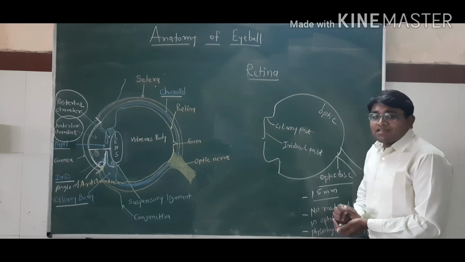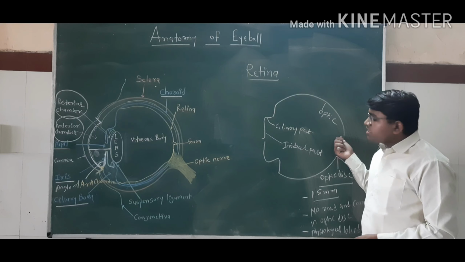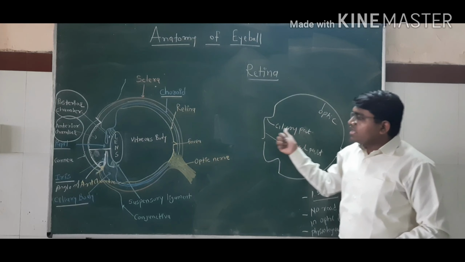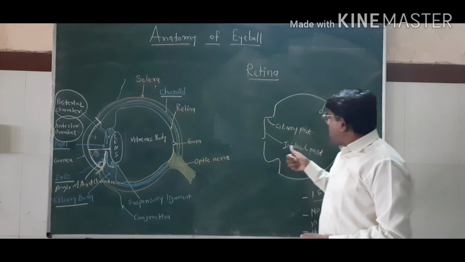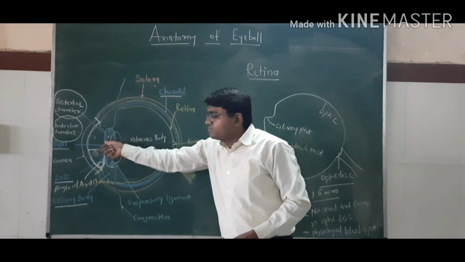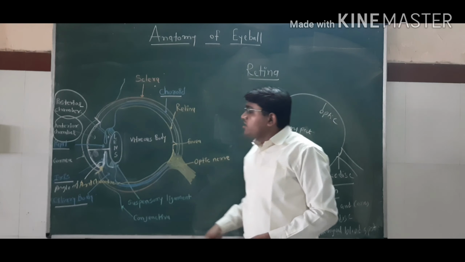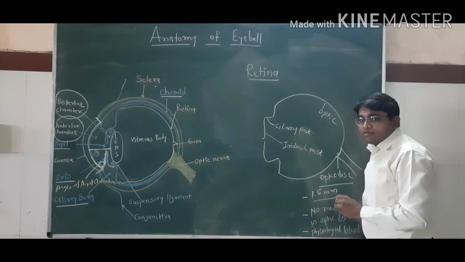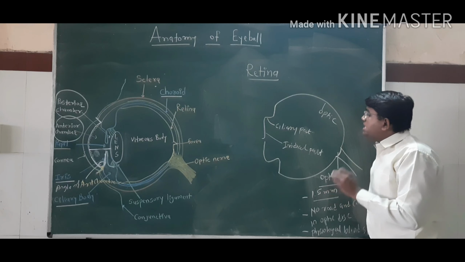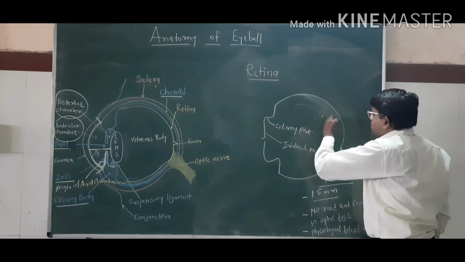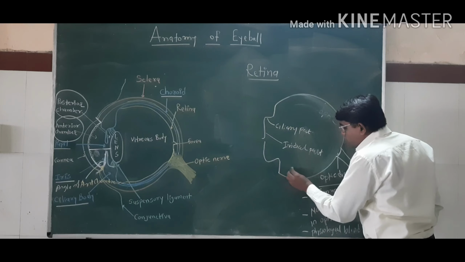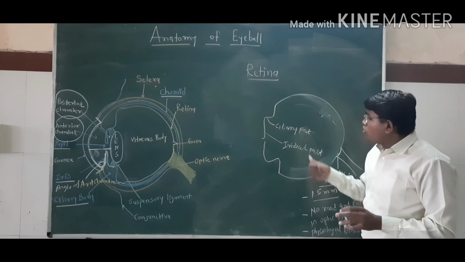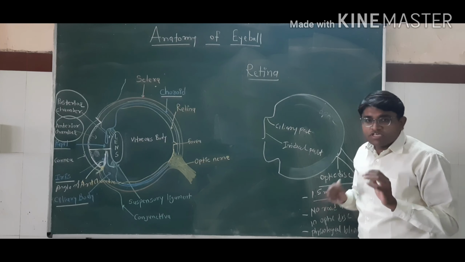So the retina has three different parts: the optic part in relation of the choroid, the ciliary part in relation of the ciliary body, and the iridial part in connection of the iris. Rods and cones, the nervous tissue, are only present in this optic part, so the function of vision is associated with only the optic part. There is no role of the ciliary and iridial part in the vision.